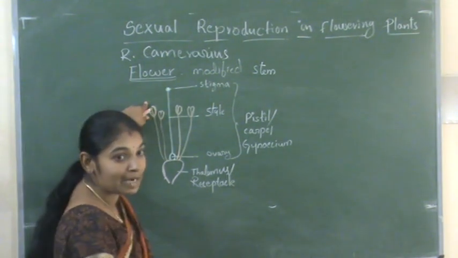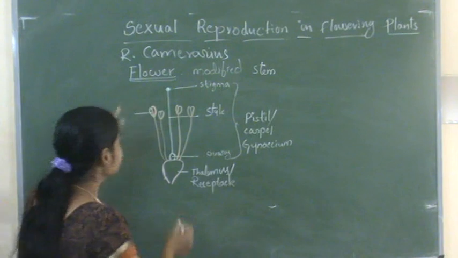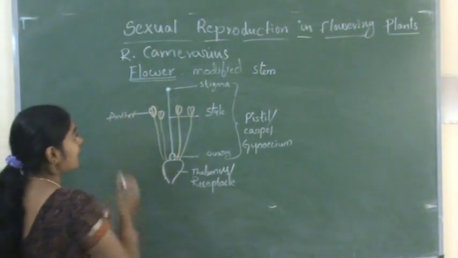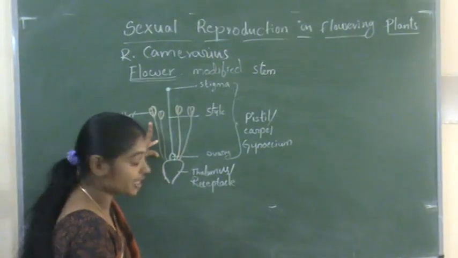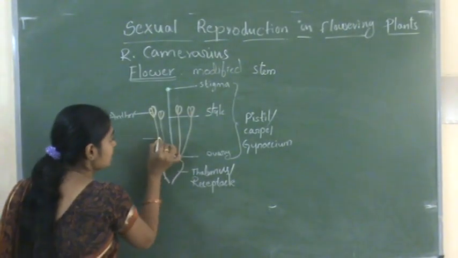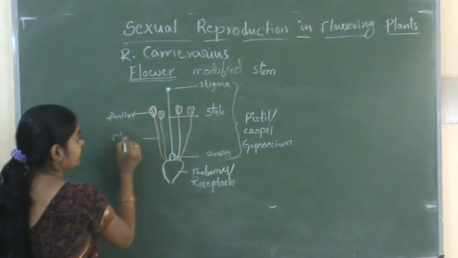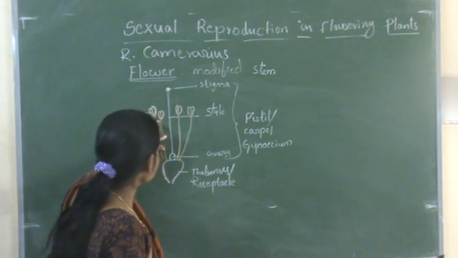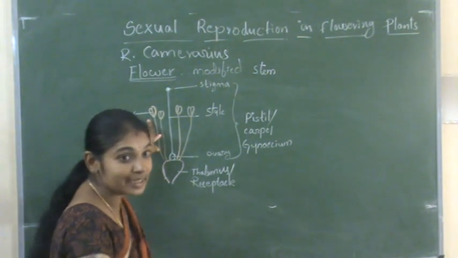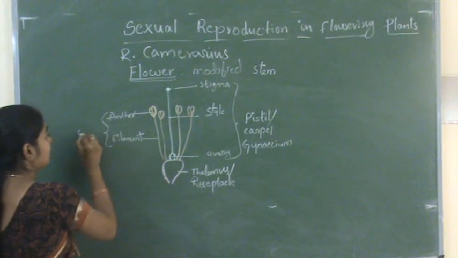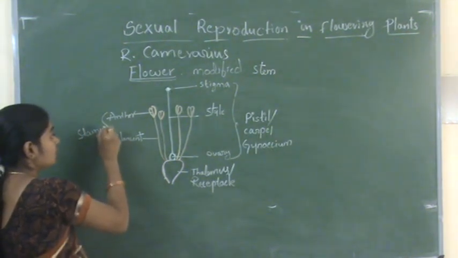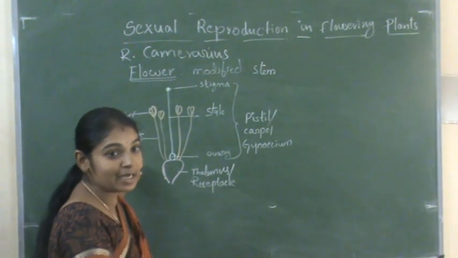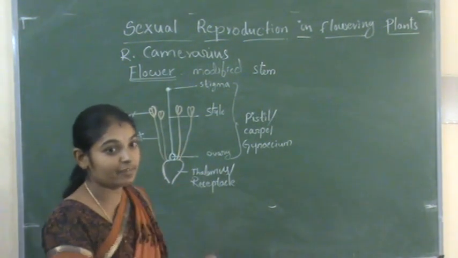The bulb-like or swollen part is the anther, and the thread-like structure is known as the filament. Anther and filament together are called stamen, and the stamen is the male reproductive part of the flower.